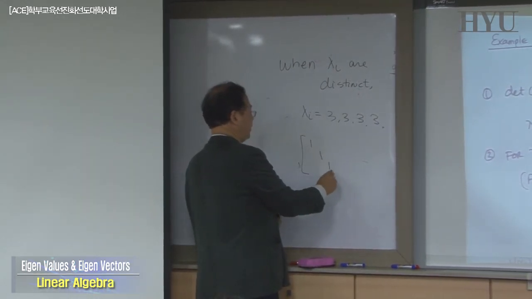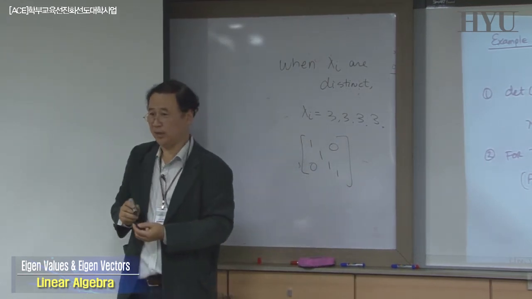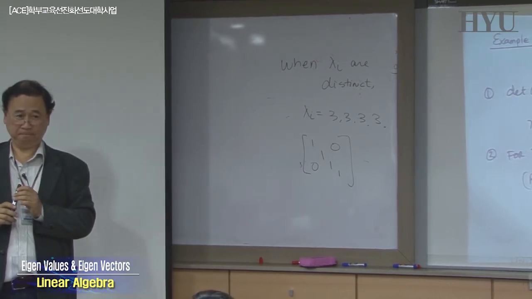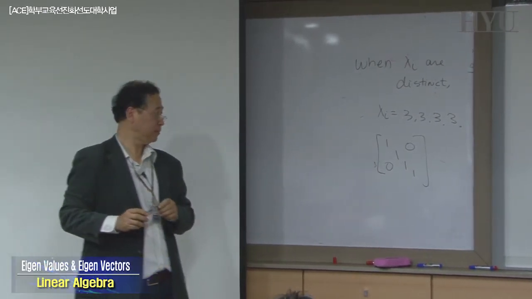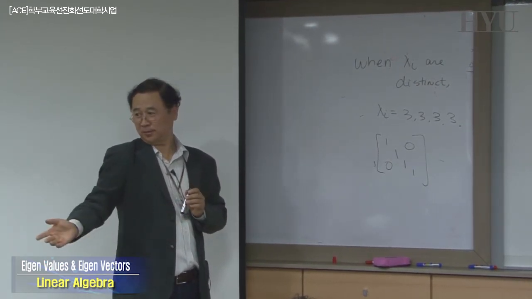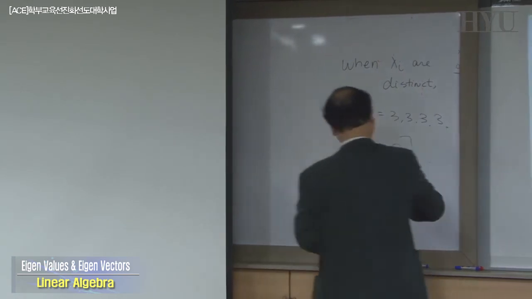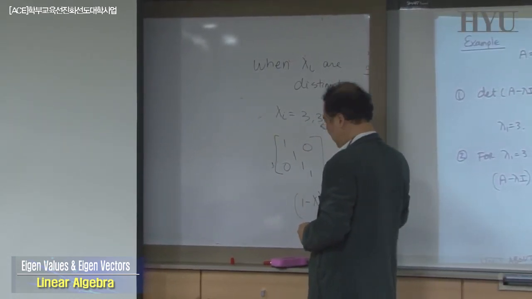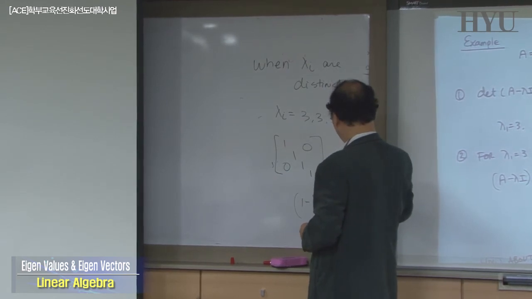What about the identity matrix, let's say 4 by 4? What are the eigenvalues for this? Lambda equals 1, right? This is basically 1 minus lambda, to the 4th. The lambdas are 1, 1, 1, and 1.